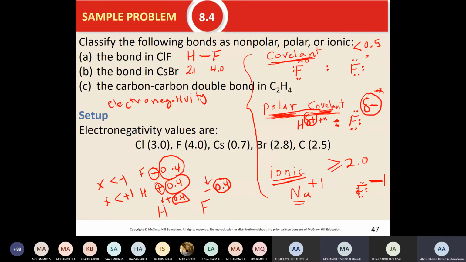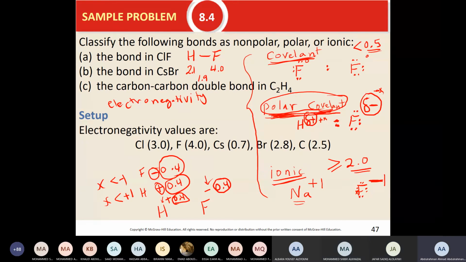Don't forget this. What's the difference? 1.9. Is this covalent? No. Why? Because it's greater than 0.5. Is this ionic? No, less than 2.0. So it is polar covalent. Very good.